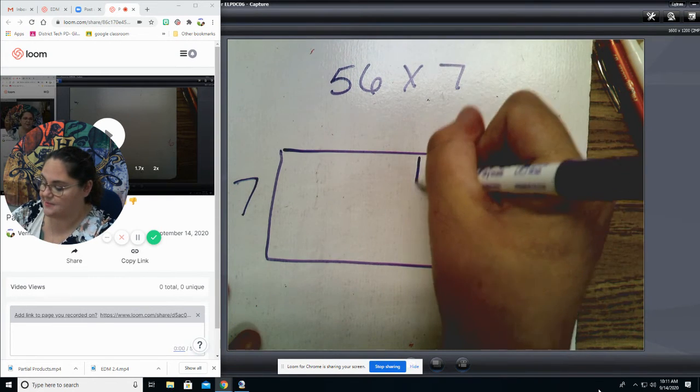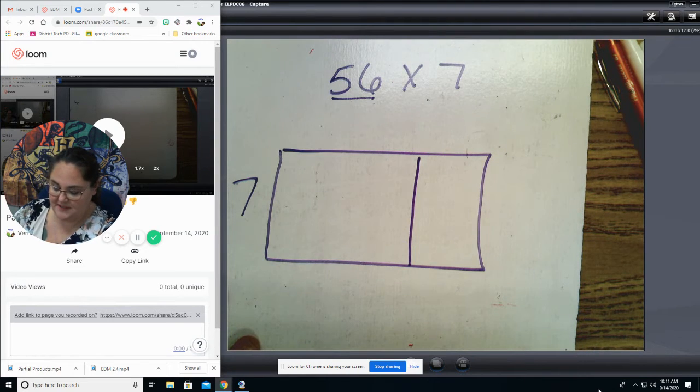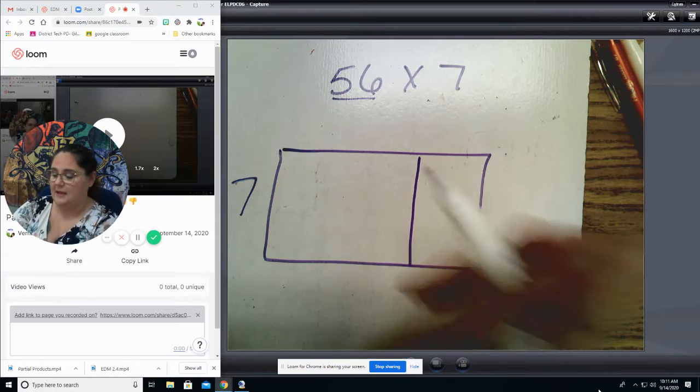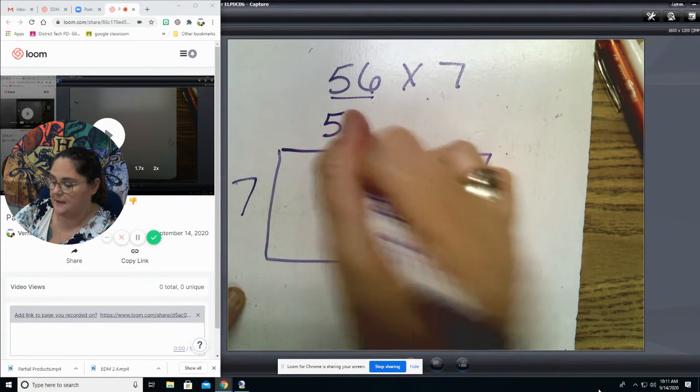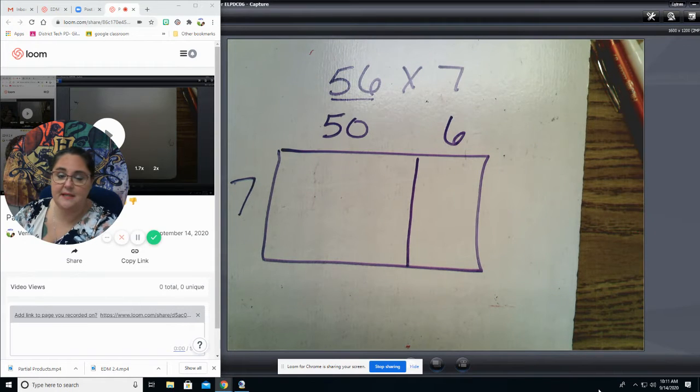But this next box I'm going to separate 56 into two separate parts. If I take the number 56 and separate it, it's the same thing as 50 plus 6. Now I can do the multiplication.